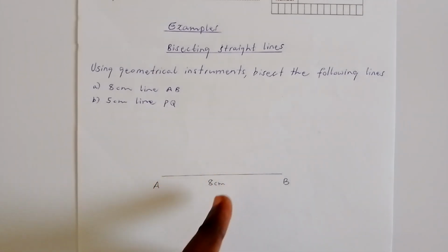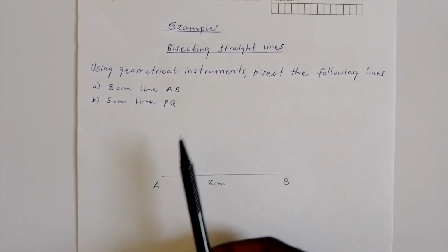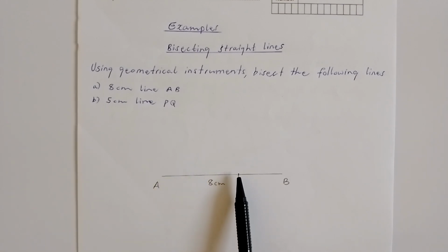Now, you measure more than half, start from the starting point. Like for instance, if I choose to start from point A, it means I have to open my radius from here to more than half, maybe somewhere there. So I have to open my radius in such a way.